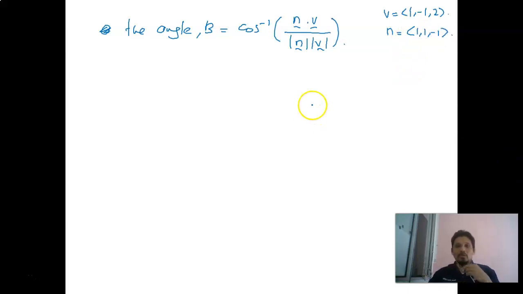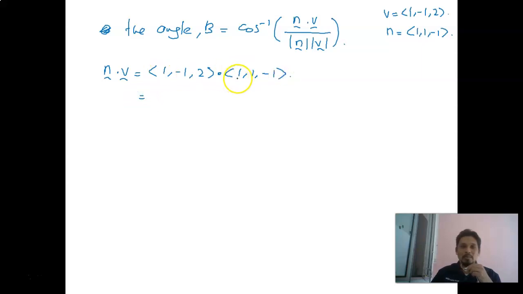Okay, so we need to find out N dot V. So the N dot V equal to 1, negative 1, and 2 with 1, 1, and negative 1. So then 1 multiplied with 1 is 1, negative 1 times 1 minus 1, 2 times negative 1 minus 2. So negative 3 plus 1, negative 2 then.